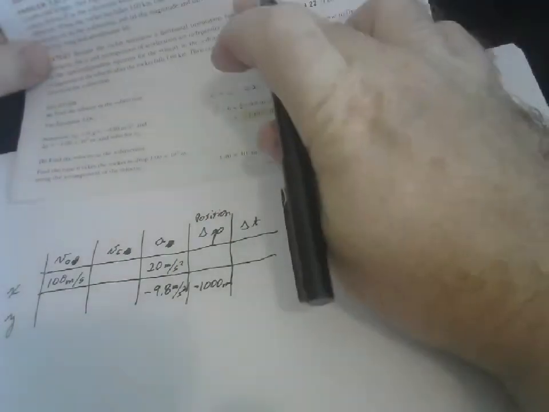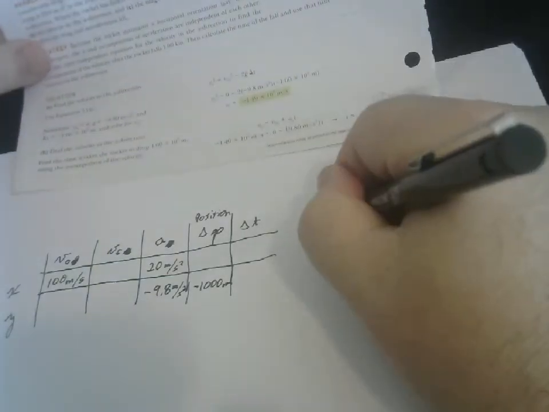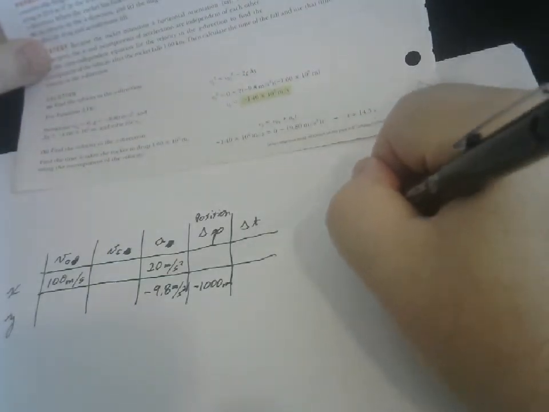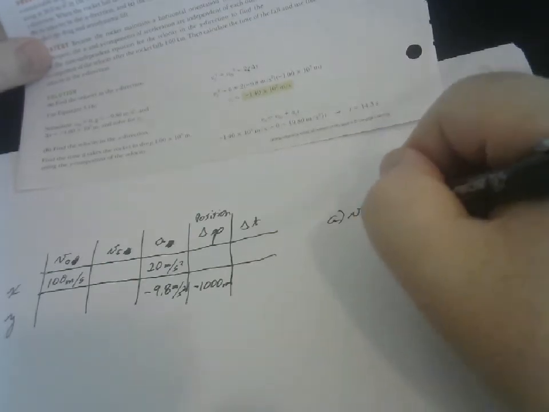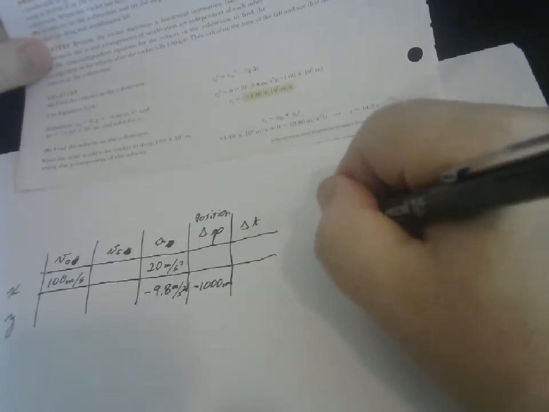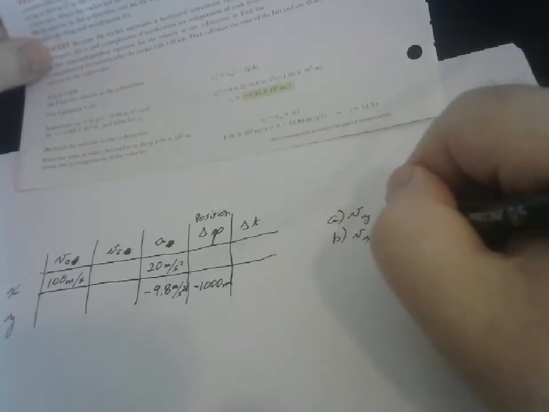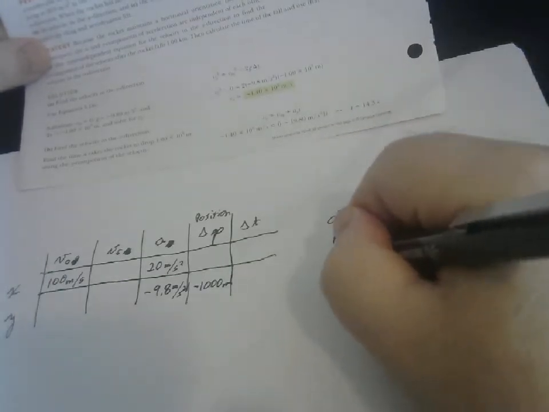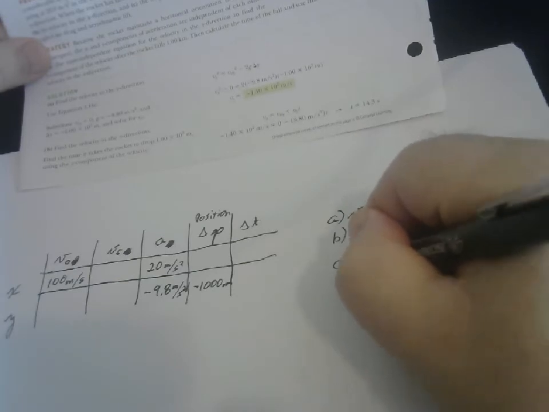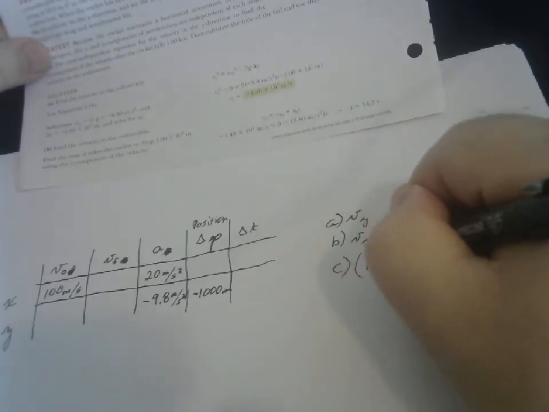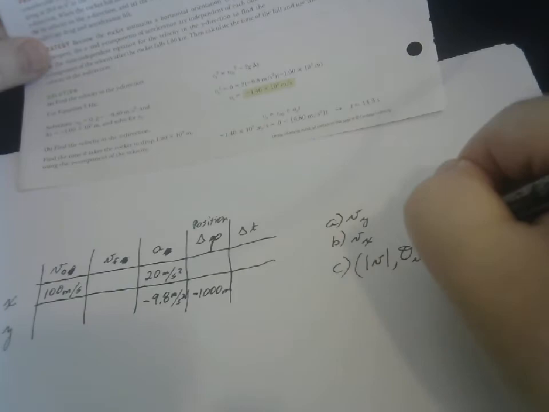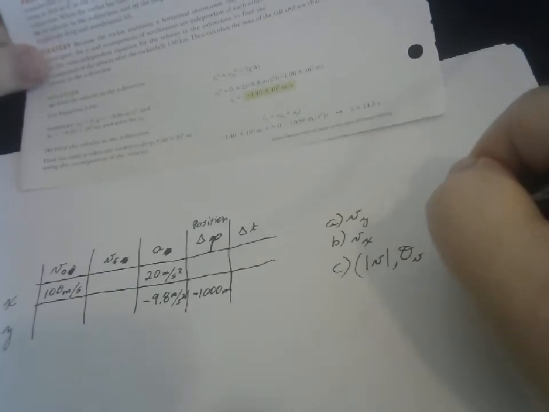Find its velocity in the y direction. So part A, we want the velocity in the y direction of the rocket. Part B, the velocity in the x direction. And part C, find the magnitude and direction, the magnitude of v and theta of its velocity.